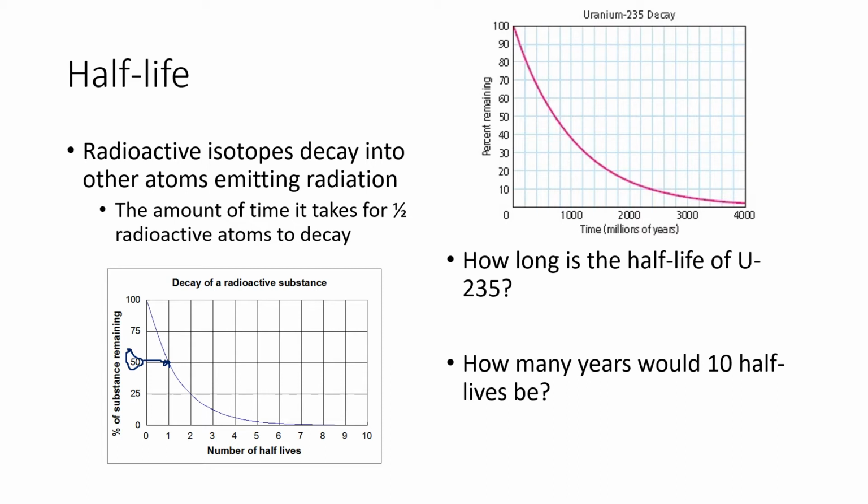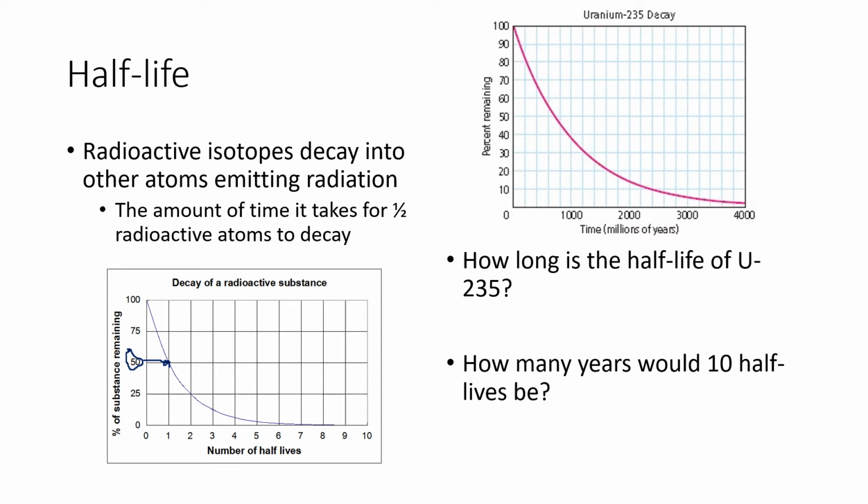So like 100, 50, 25, 12.5, and on it goes forever in perpetuity, right? And in general, when we talk about these heavy isotopes and looking at radioactivity, usually we say that after about 10 half-lives, it tends to be safe.